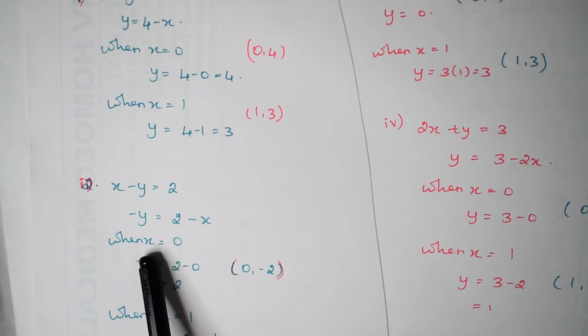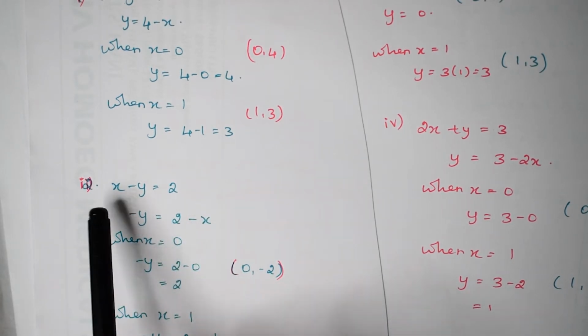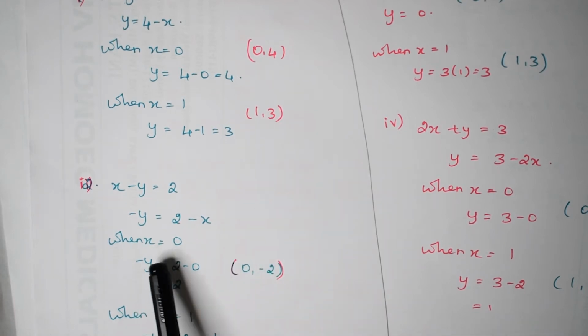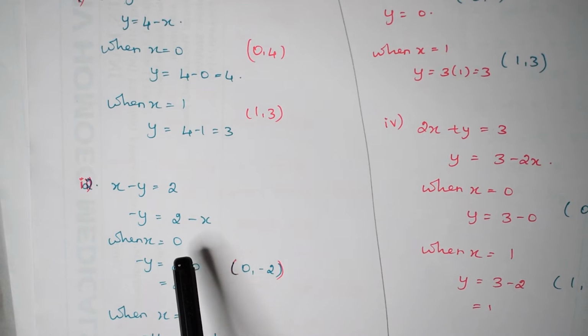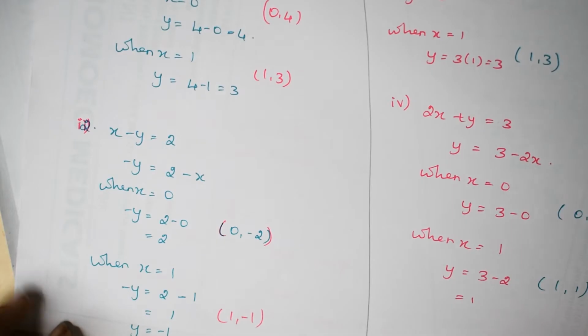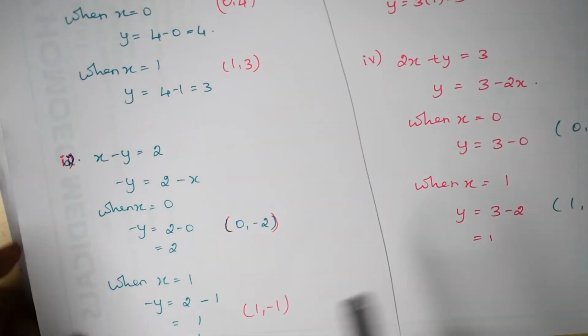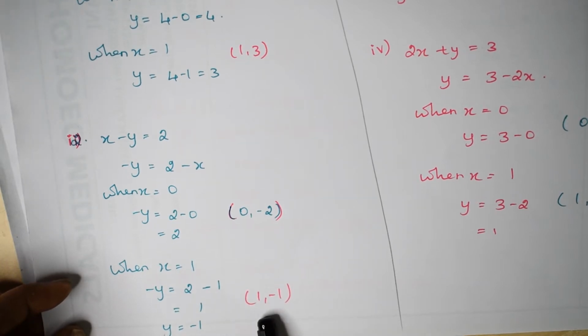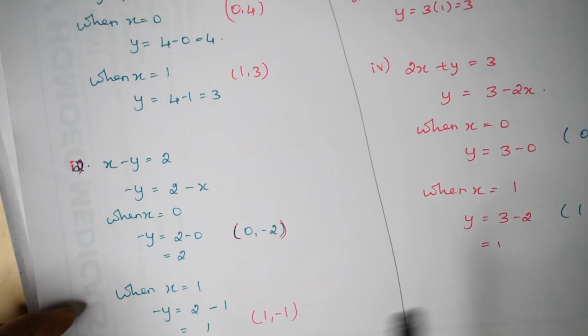The equation becomes minus y is equal to 2 minus x, and when I substitute different values for x, first I substitute 0 and y becomes minus 2, so the first coordinate is (0, minus 2). When I substitute x is equal to 1, y takes the value of minus 1. So the second coordinate is (1, minus 1).